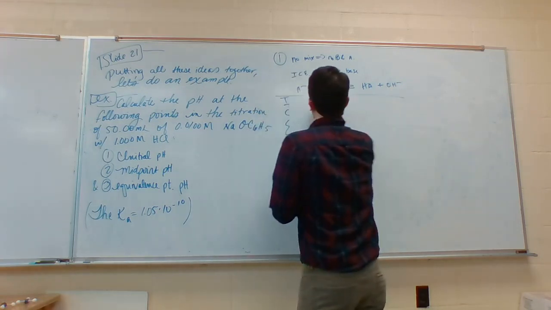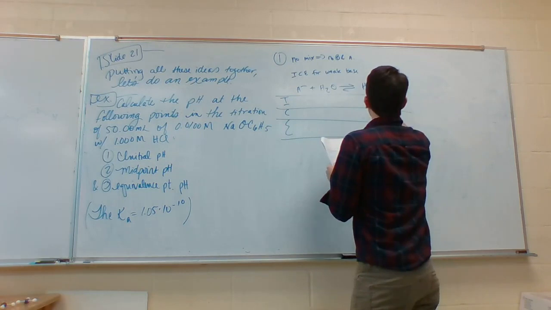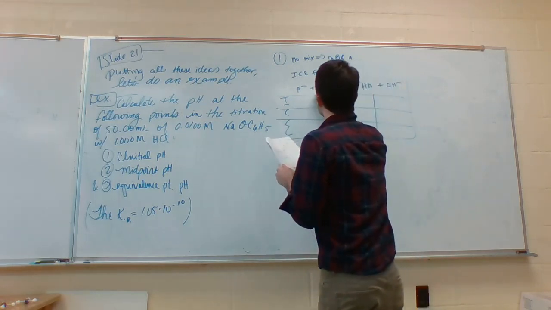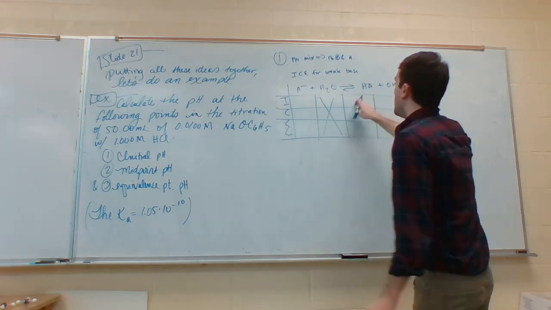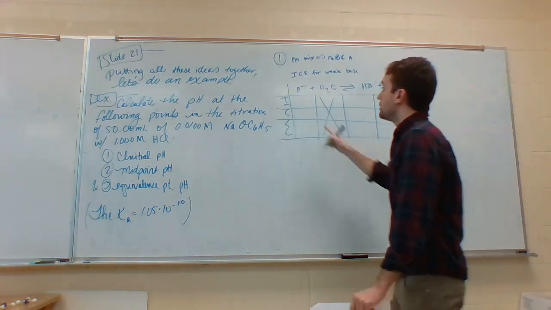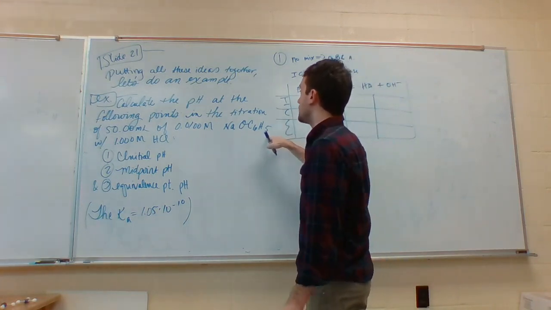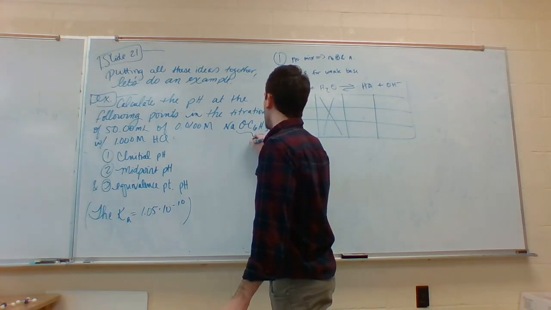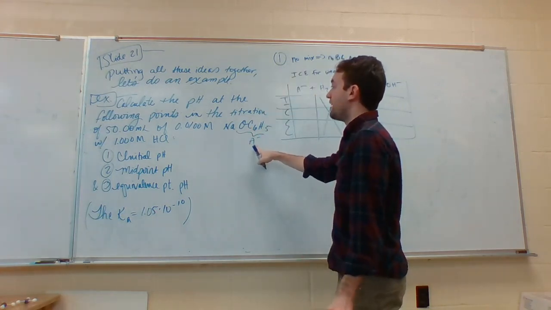ICE. I'm going to skip the water. All right, now since we're dealing with an ice table, we know that it has to be concentrations. Do we have our initial concentration of our A minus? Yes, we do, because this is our A minus. It is the conjugate base of a weak acid.